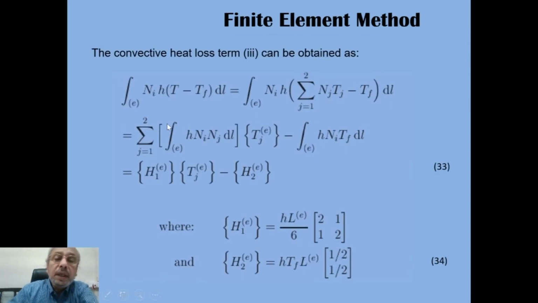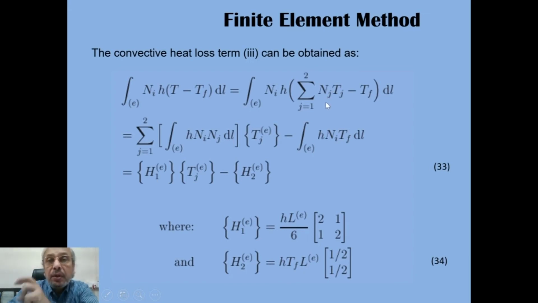Now we integrate the third term, which is the convective heat loss. We have written here Ni shape factor, h into (T minus Tf) dl, where h is the heat transfer coefficient and Tf is the ambient temperature. Here again T is substituted by the sum of Nj Tj, where Nj is the shape factor.